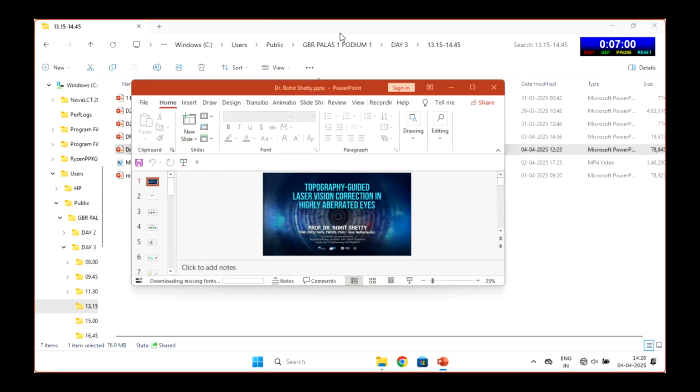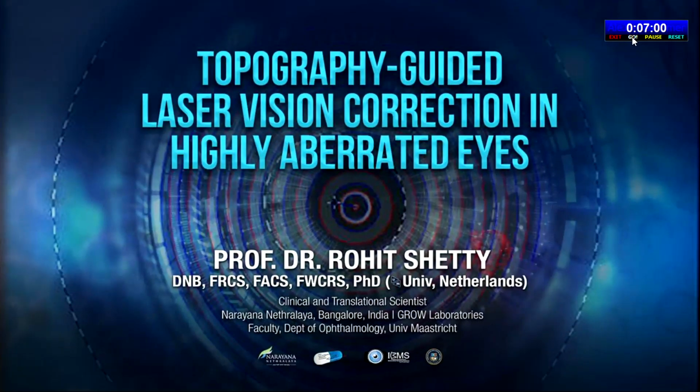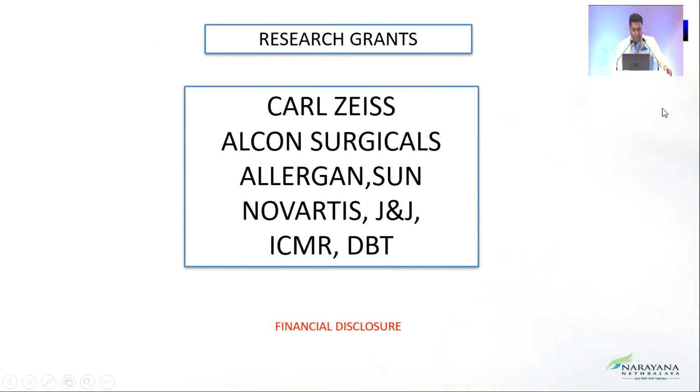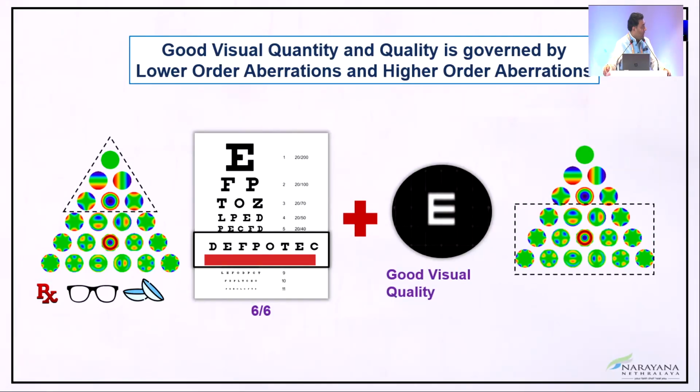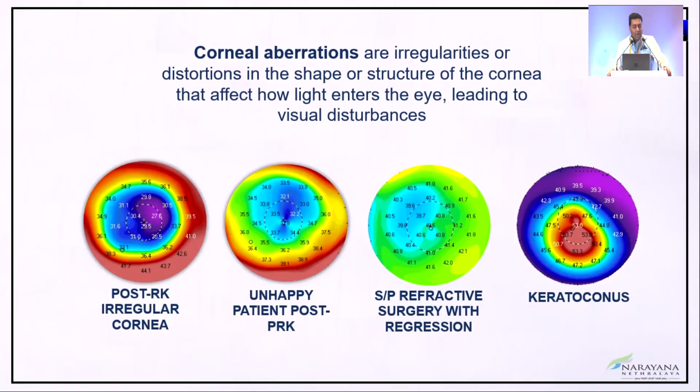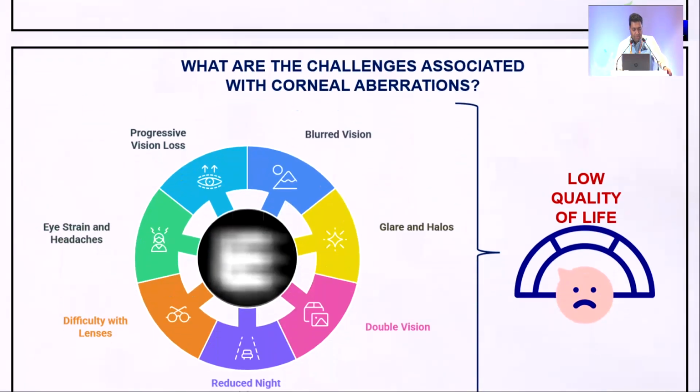So I'm going to speak about topo-guided treatment in highly aberrated corneas. These are my financial interests. When you look at aberration, you are looking at both the quantity and the quality of vision. You end up with different aberrations related to old RK, a very poorly centered ablation, patient regression, and also keratoconus.